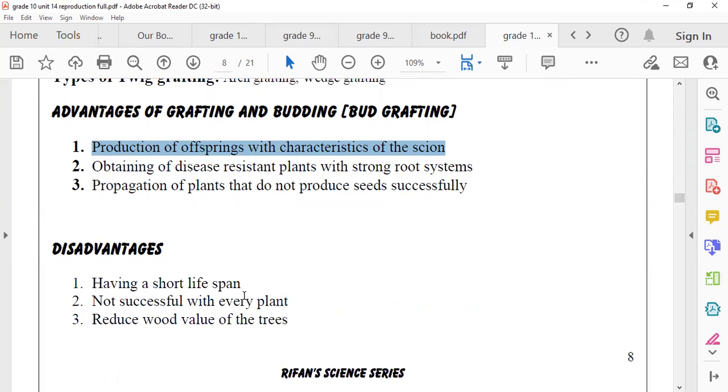And you can't do grafting in all plants. Only some plants respond successfully to grafting. As I told you, it can be a fruit plant, it can be a flower plant, but it cannot be a plant that you grow for timber. If you try it for timber, it will not be successful. So those are the disadvantages.